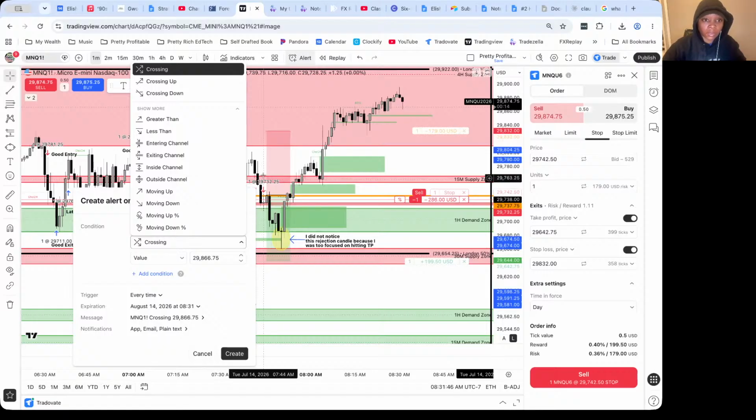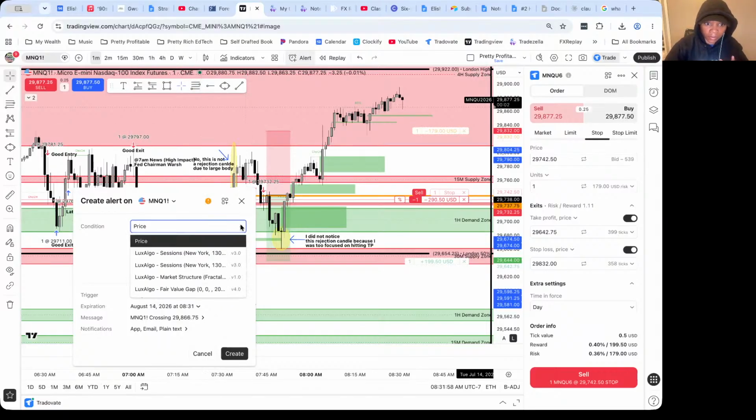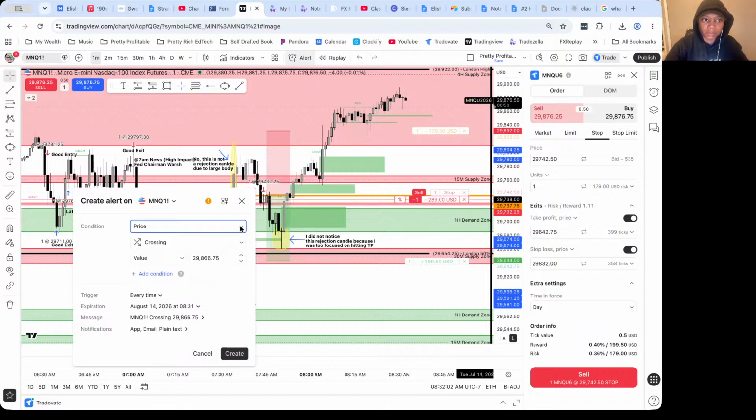Crossing. Alright, gonna hit it. Greater than, less than, entering, exiting. I hope crossing means when you hit it. But I would have two of them. I'll fix that later.